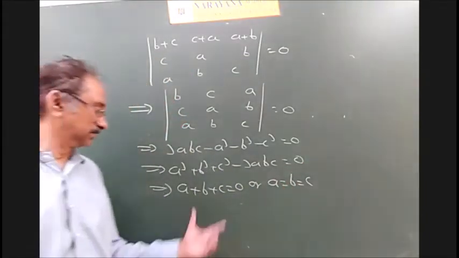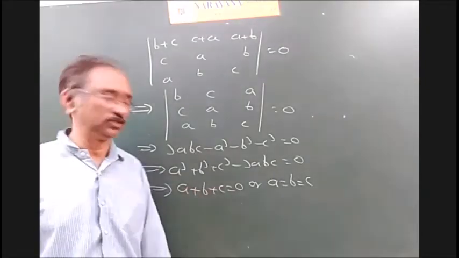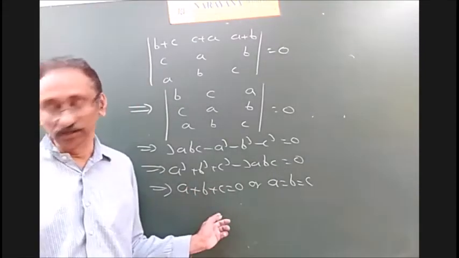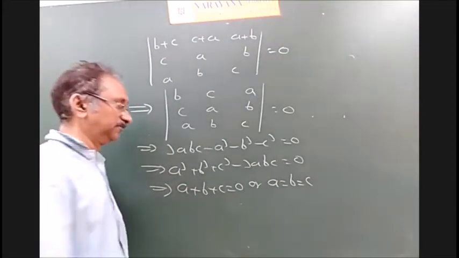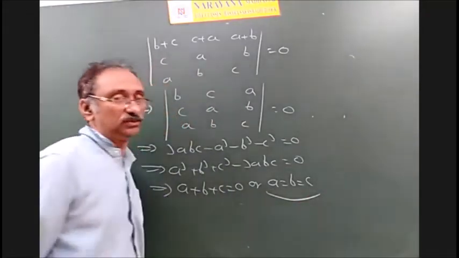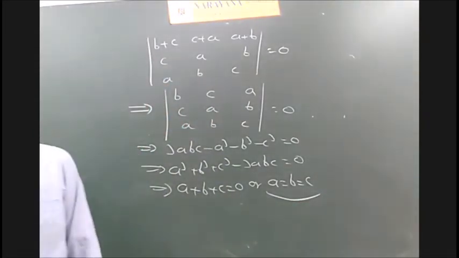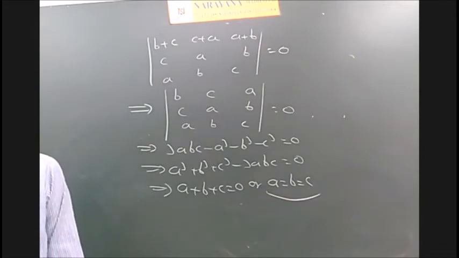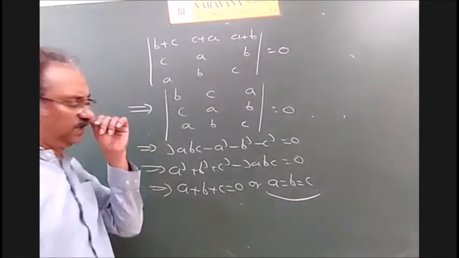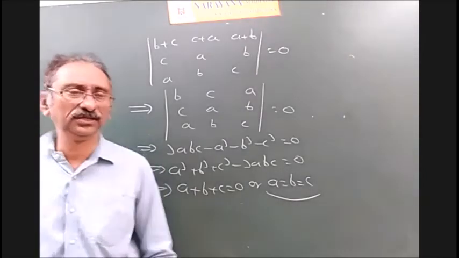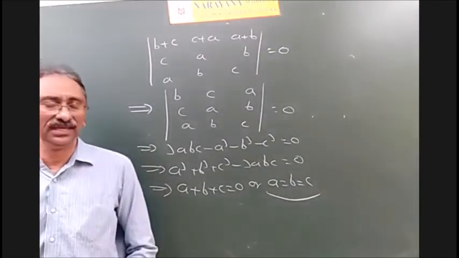But in the options, there is no A plus B plus C is equal to 0. That is one of the possibilities, but that is not in the options. And therefore, see, A is equal to B is equal to C. That is also in 2 options. One is A plus B plus C is equal to 0, and the other one is A is equal to B is equal to C not equal to 0. If A is equal to 0, B is equal to 0, C is equal to 0, substitute them in the equation.